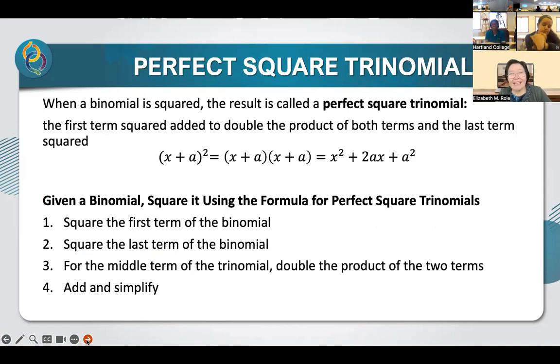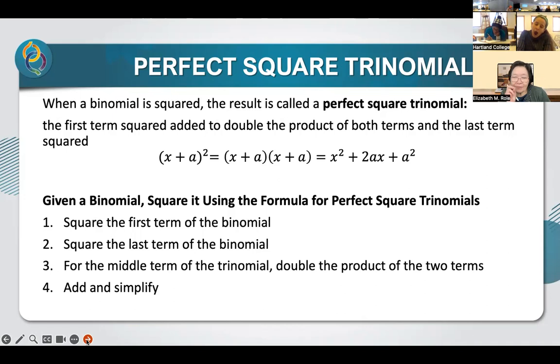All right, one last thing on perfect square trinomial, and we still have about 5 minutes. This one is squaring a binomial. I just want to repeat what we did previously, that x plus a squared is not just x squared plus a squared. Rather, if you square a binomial, the only ones with squares would be the first term and the last term, but there should be a middle term.